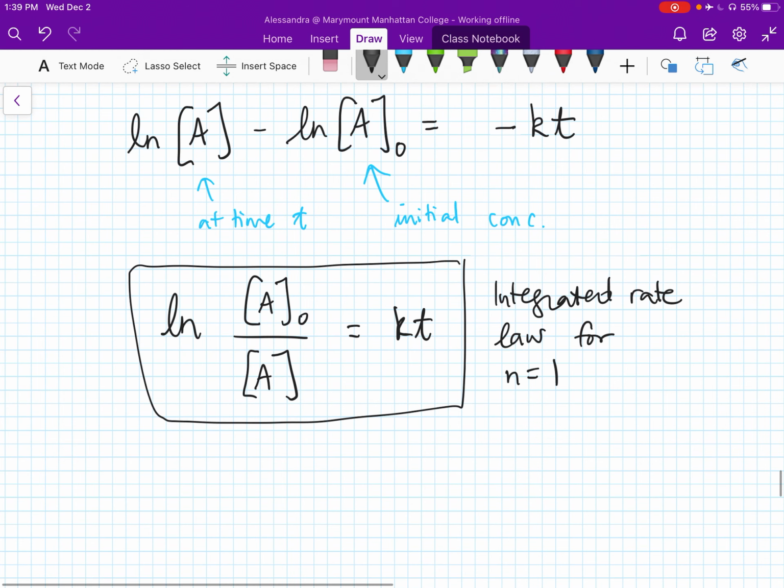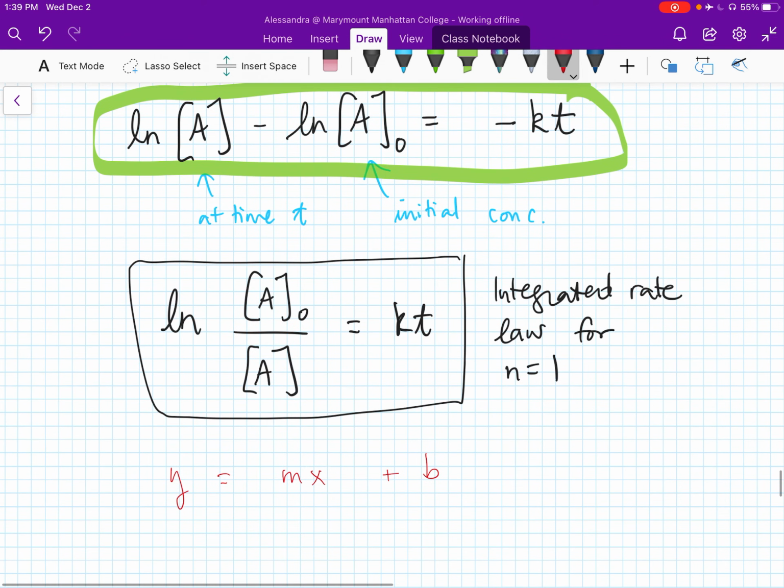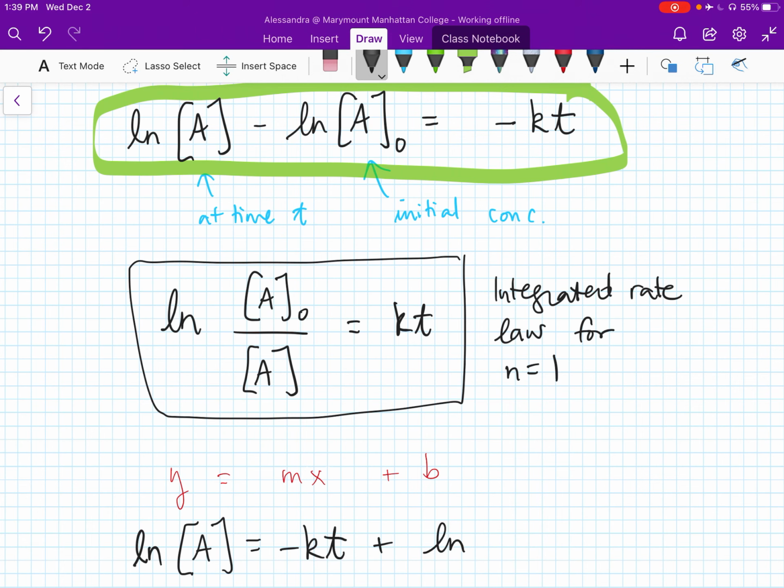Let's rearrange this. Let's actually take this version up here and rearrange it so it's in the form of y equals mx plus b so that we can plot it. I'm going to make my y in this case the natural log of reactant A at time t. And I'm going to just rearrange it so that I have minus kt plus the natural log of A sub 0.